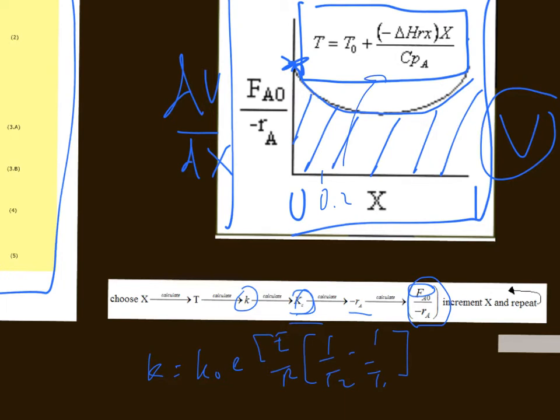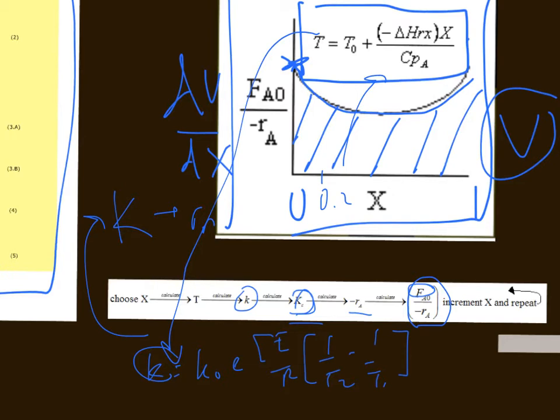You'll get your new T, go back to this particular equation, K over something, and once you get your K, you need to calculate your equilibrium constant. Once you got the equilibrium constant, calculate back your negative Ra, and then do the same process over and over until you reach the conversion that you want.